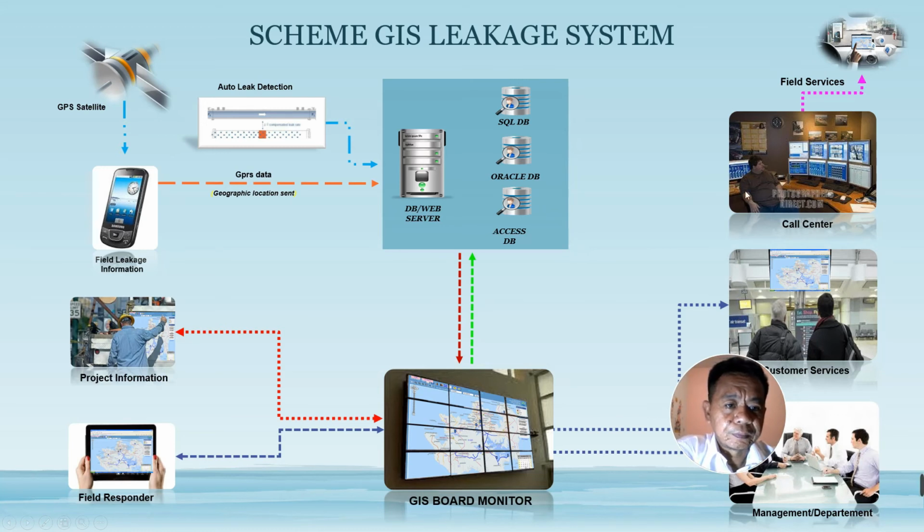And the call center is also here. The call center will inform field service that the location of the leakage should have action taken to repair it, for example, and field service will do the repairing of the leakage.